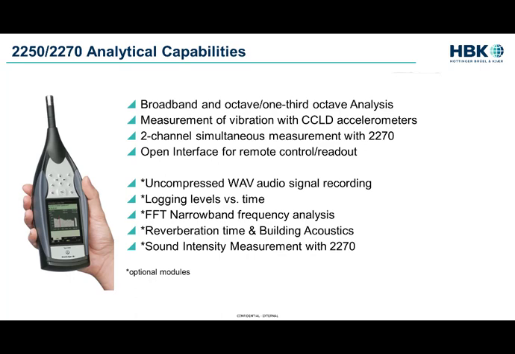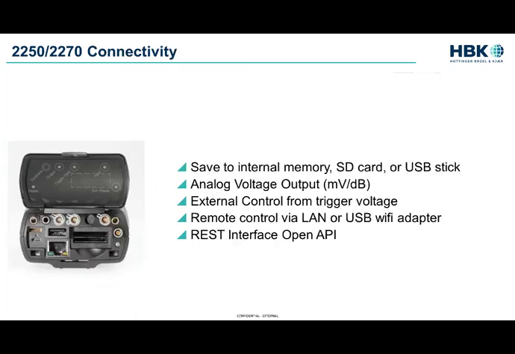With additional software options, these meters can be configured to record wave audio files, to log decibel levels versus time, to compute FFT narrowband spectra, to measure reverberation time and building acoustics insulation parameters, and on a 2270 with a sound intensity probe to make vector sound intensity measurements. Data storage on the 2250 and 2270 gives you the option to store data on an internal hard disk or on an inserted SD card or USB thumb drive.